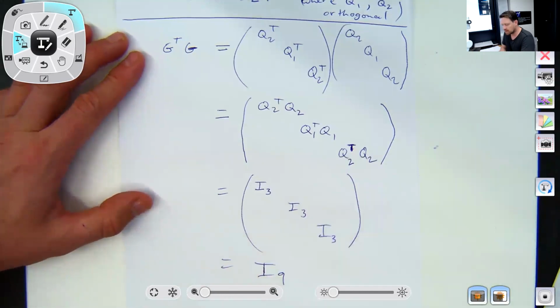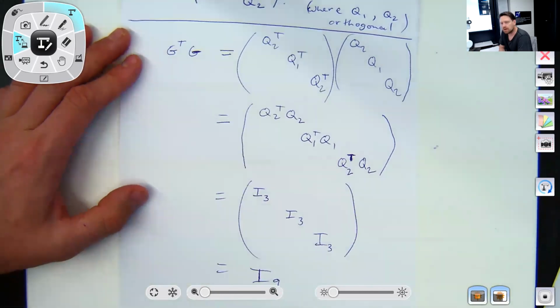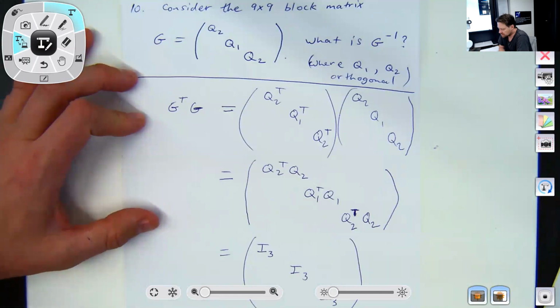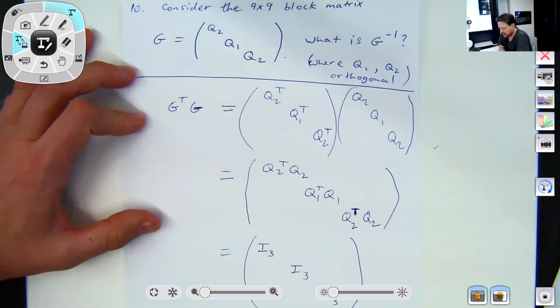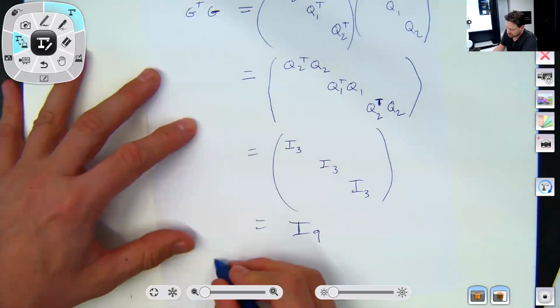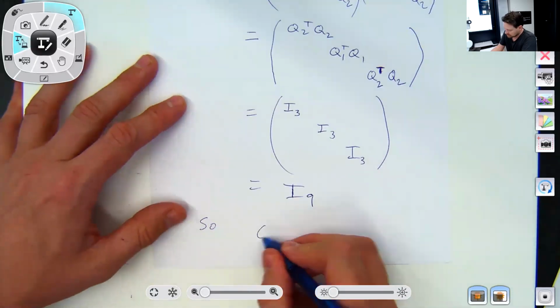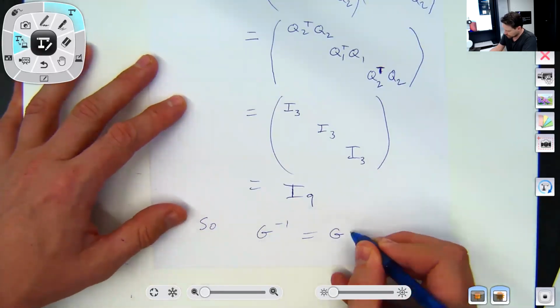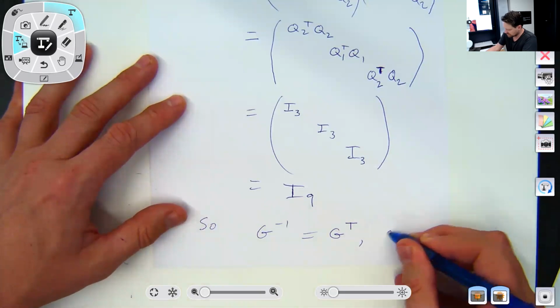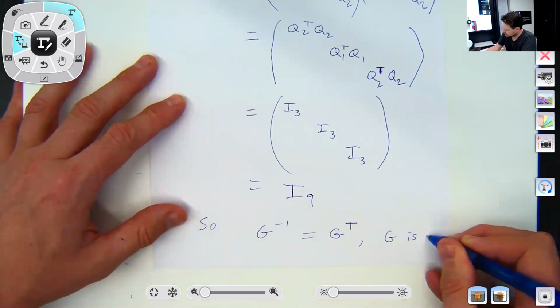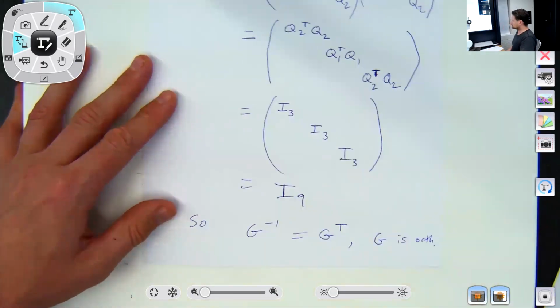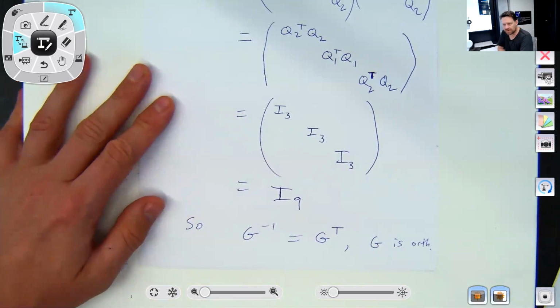So the 9 by 9 identity matrix. And so the answer is that G inverse is in fact G transpose. So G inverse is G transpose. G is orthogonal. Okay, any questions about that?